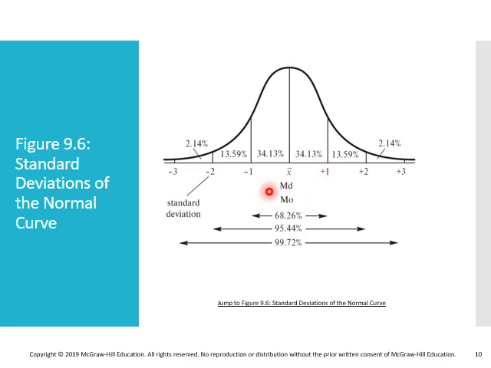What that means is that of the cases that were reported in the research report, 68.26% of the cases fall within this part of the curve. From this +1 point all the way down to this part of the curve where it is -1.